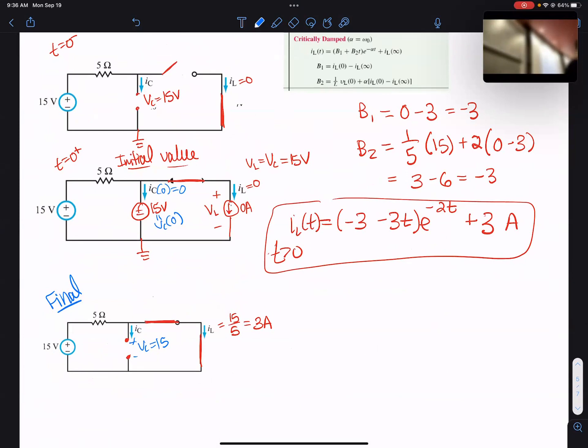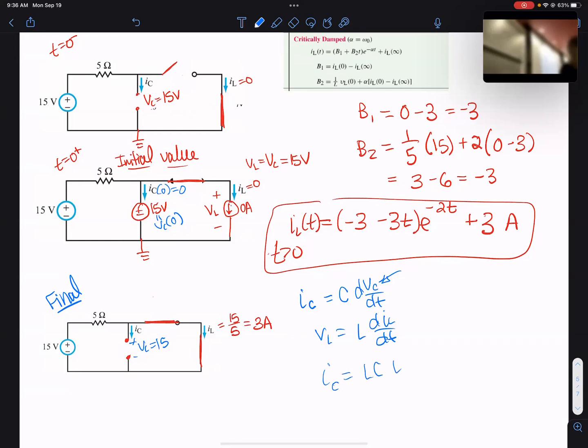You have to use this to find VL, which is L di/dt. So take the derivative of this to find VL, and then take the derivative of that to find IC. You'd first take the derivative of this function and multiply it by L, and so it's basically the second derivative: differentiate this and then differentiate again. So that would be your IC. That'd be one way to get it.